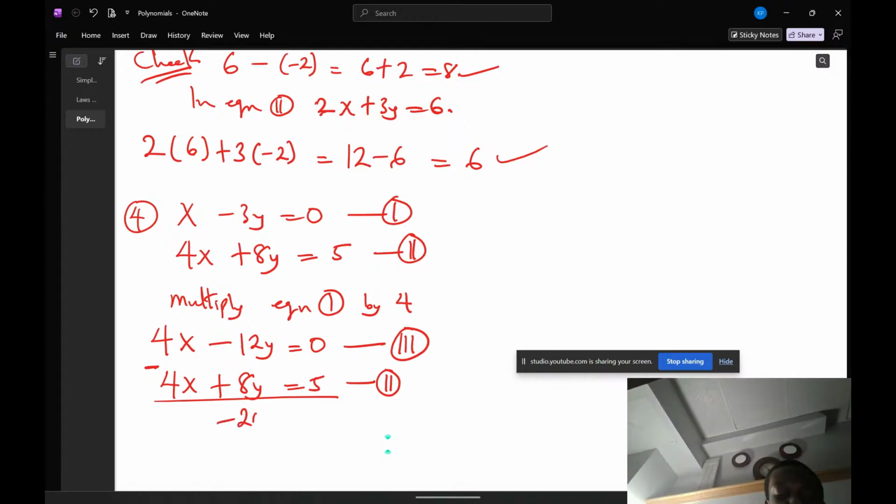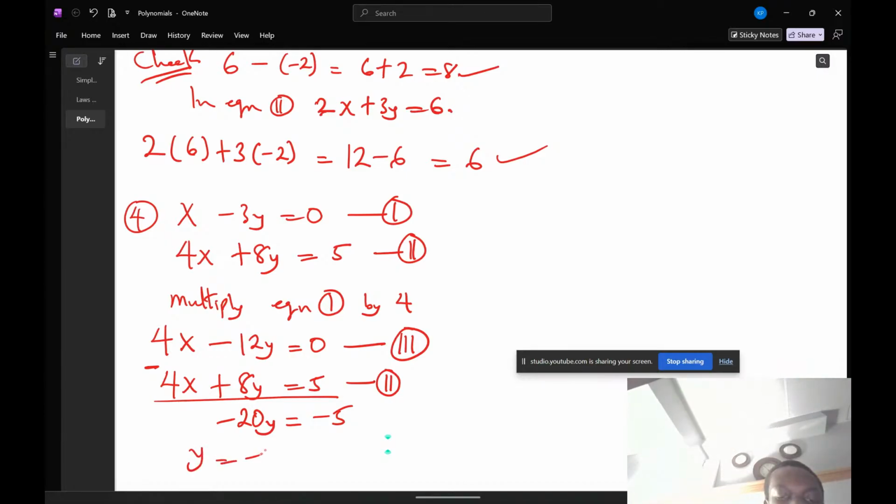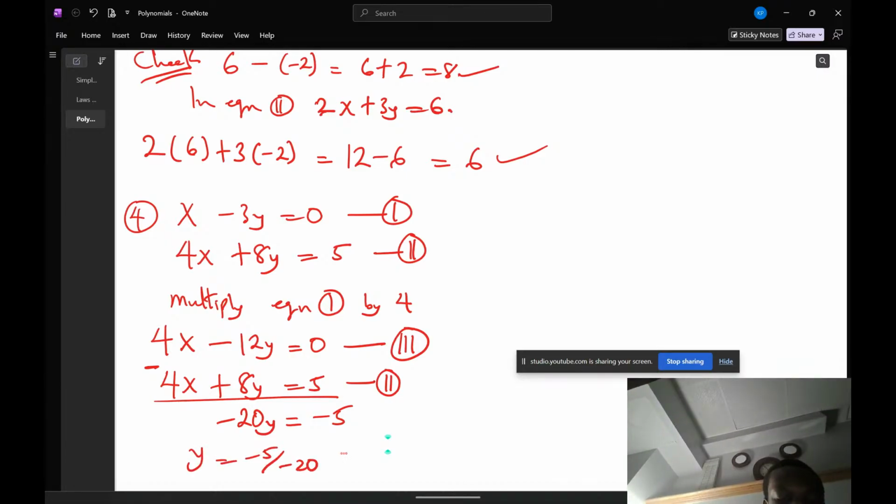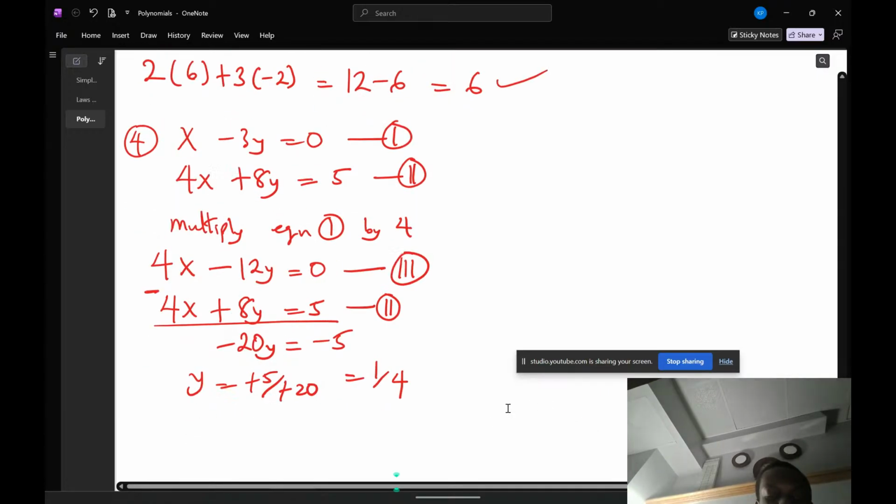That's minus 20y. And 0 minus 5 is minus 5. So we have y is equal to minus 5 divided by minus 20. The minuses cancel each other, so that will be 1 over 4. So we can say that y is equal to 1 over 4.